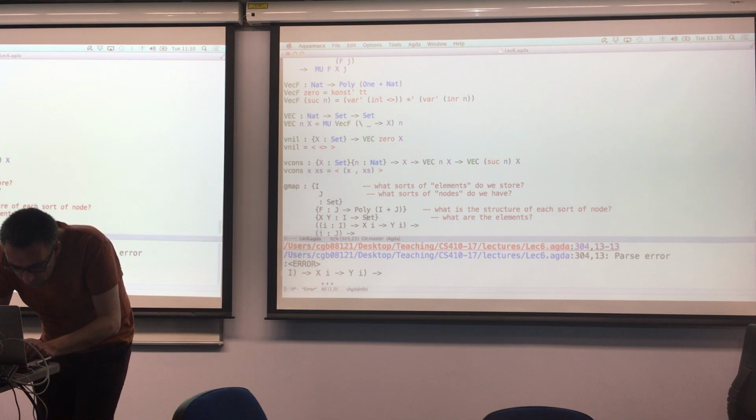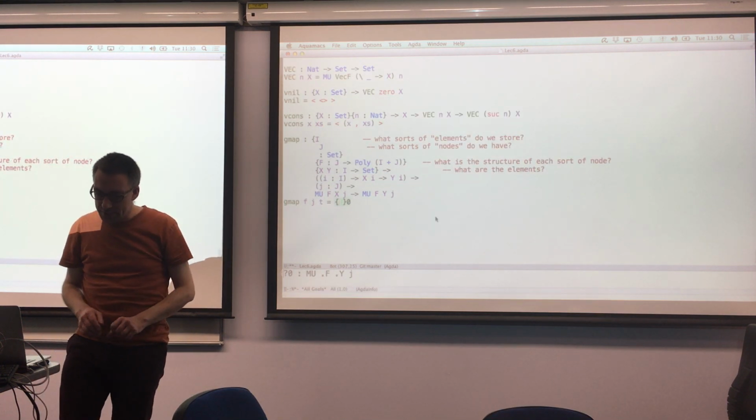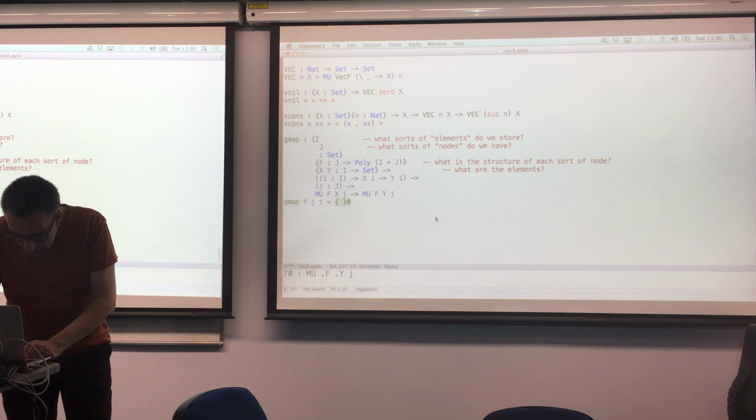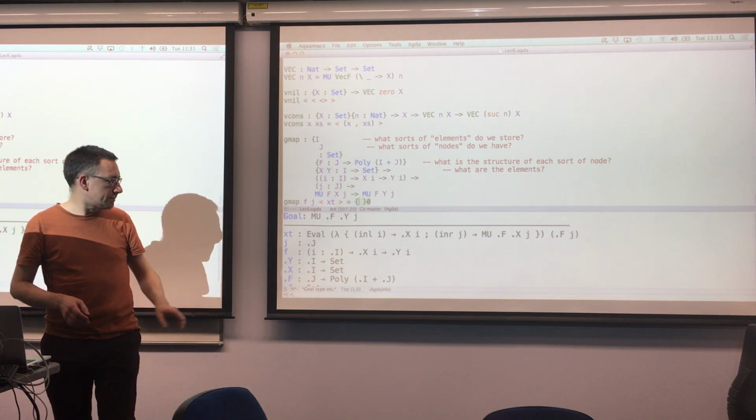I've forgotten an arrow. Right. So what happens here? Well, we know our data will be made by a node. So what have we actually got?